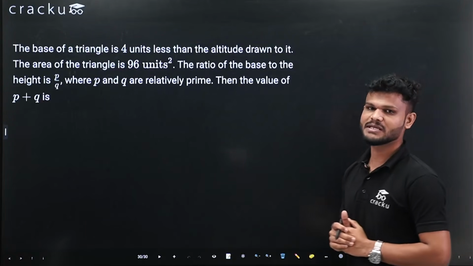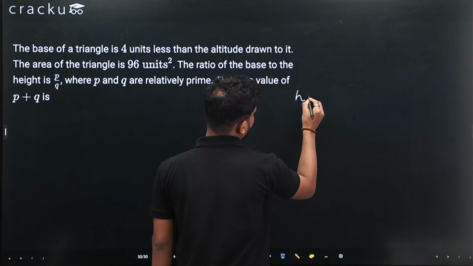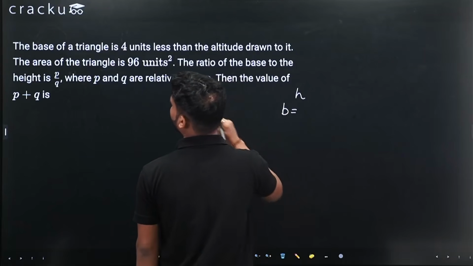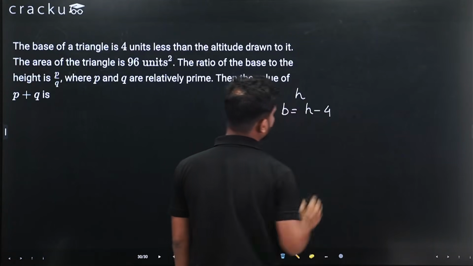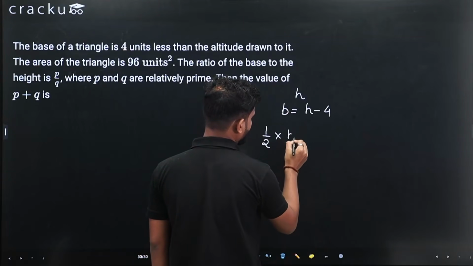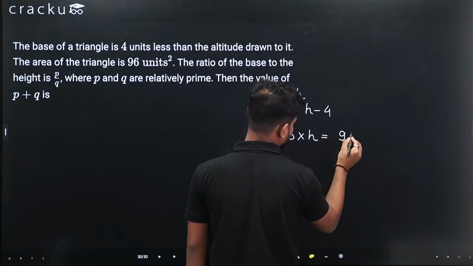Then the value of p plus q is what? Very easy. Let us say height is h. Then what will be the base? It is 4 units less than the height, so h minus 4. What will be the area of the triangle? 1 by 2 into base into height, which is given as 96.